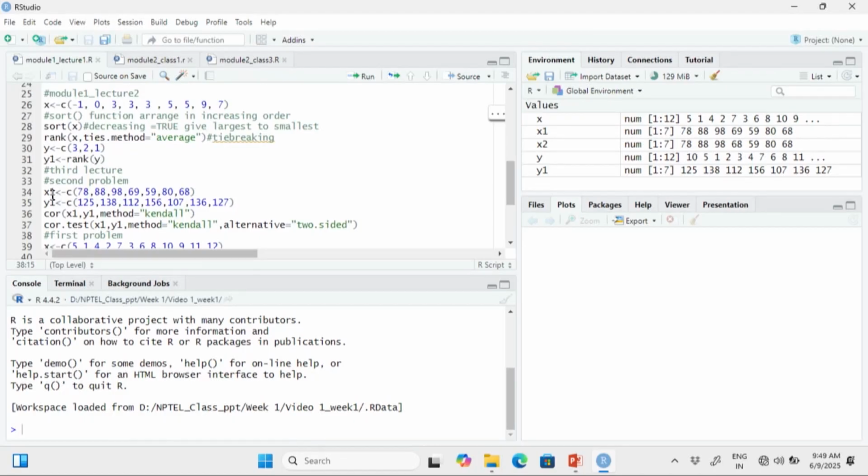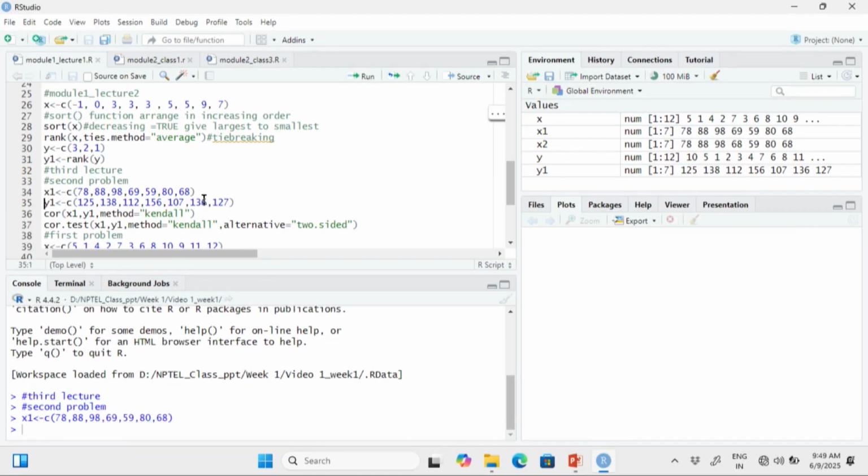I have already written x1 as c(78, 88, 98, 69, 59, 80, 60). So, this is just the first observation stack, and the second observation stack, or the second variable stack, is 125, 138, 156. So, let me run it. Okay, so let me run it.